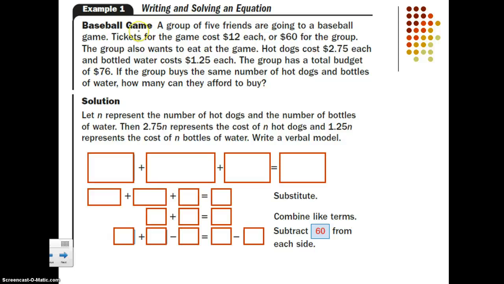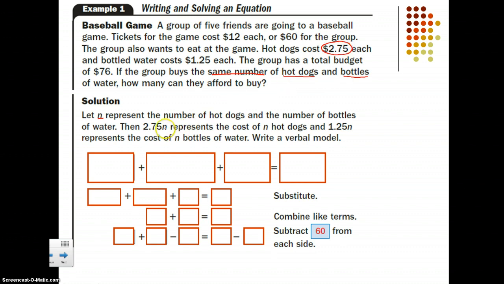Well, let's let n represent the number of hot dogs and the number of bottles of water. Remember, they have to be the same, because it says it right here, the same number of hot dogs and bottles of water. So n is our variable. That means that $2.75 is the price of the hot dog.